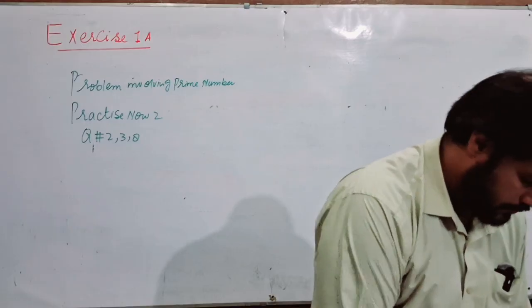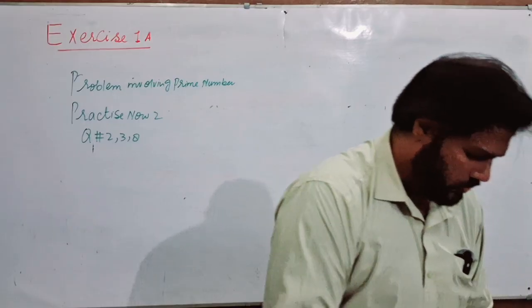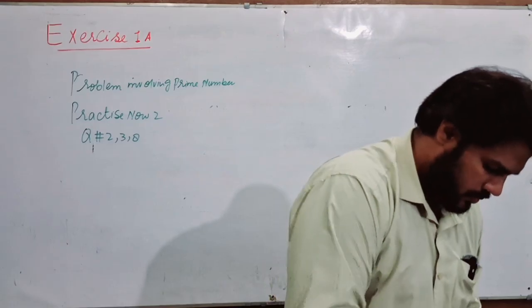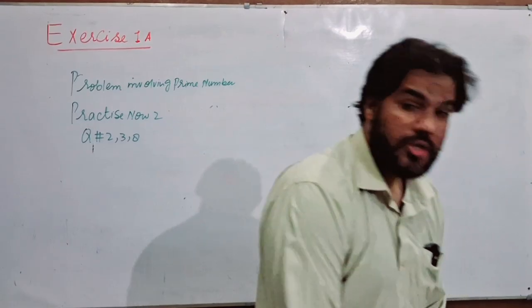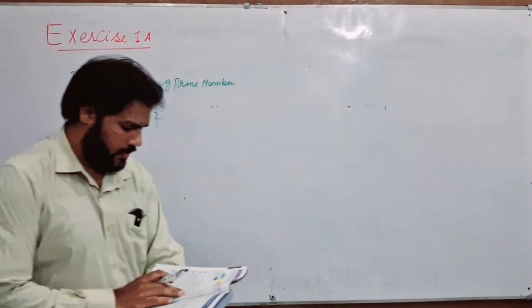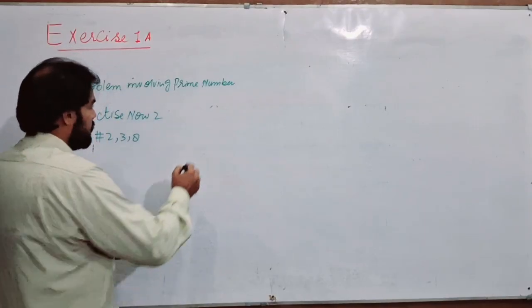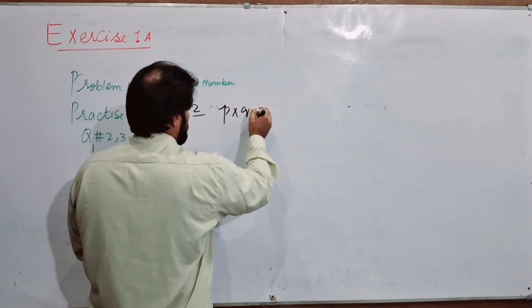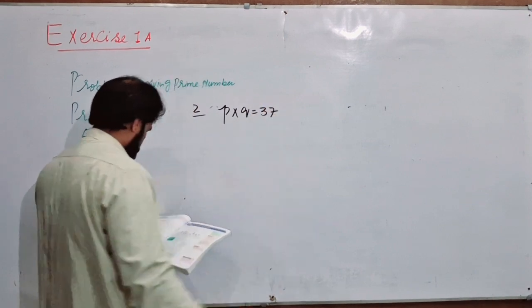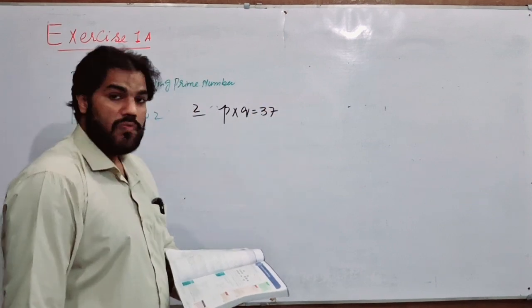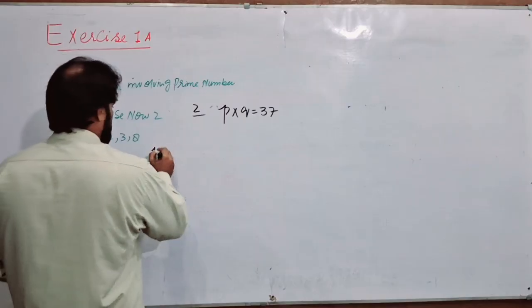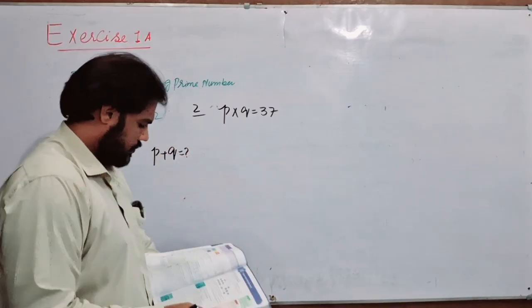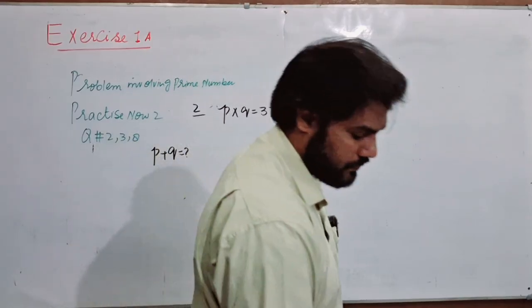Question number 2 says, if P and Q are whole numbers such that P cross Q is equal to 37, find the value of P plus Q. P and Q are whole numbers.